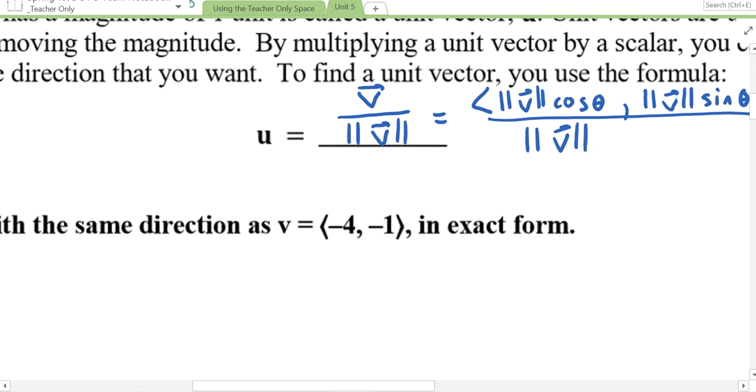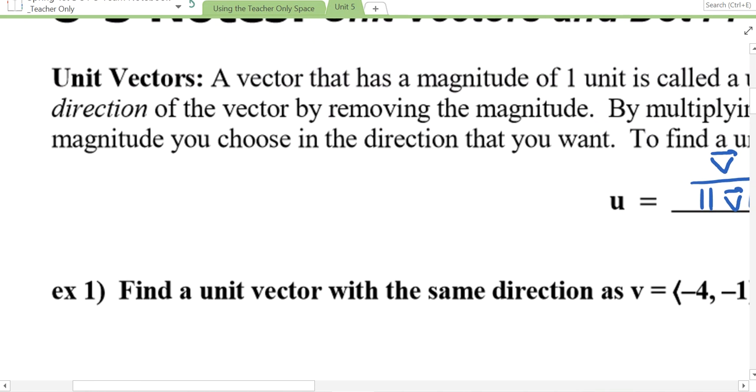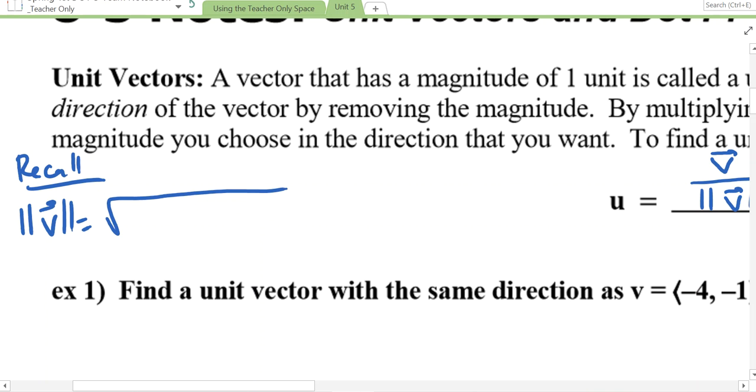All right, so the things you have to do is you're going to be given some vector in its component form, and you're going to have to, recalling from last semester, find the magnitude of vector v. Well, it's equal to the square root of the change in x squared plus the change in y squared. Remember that?